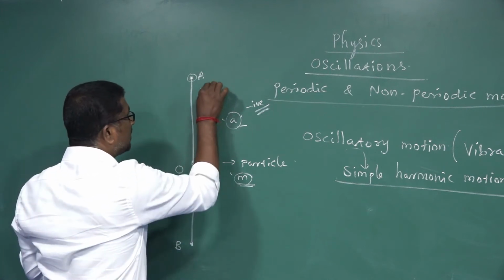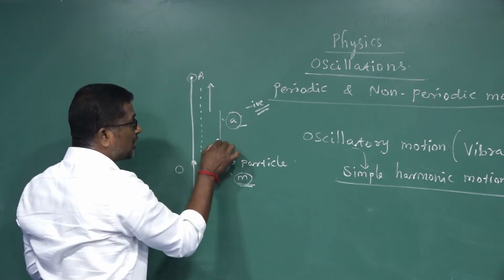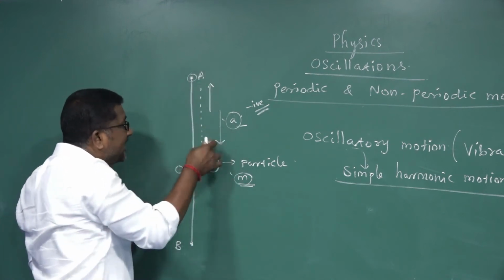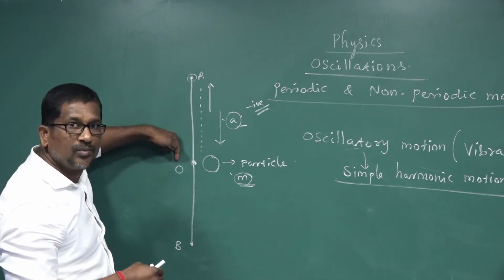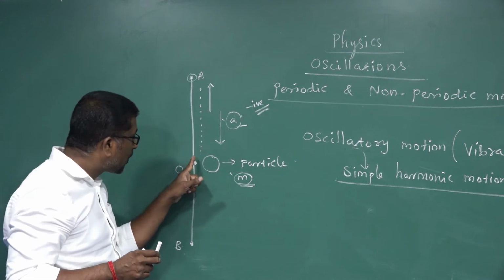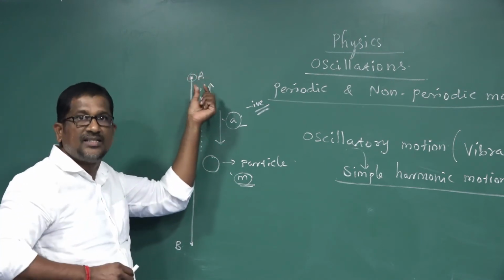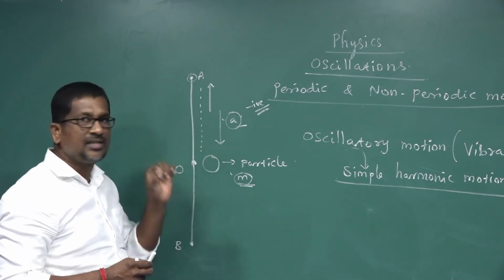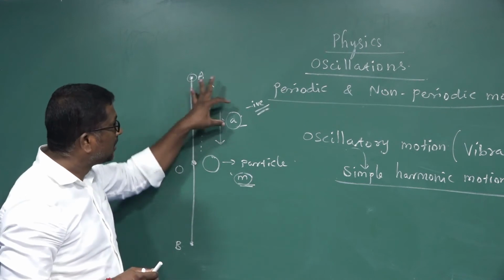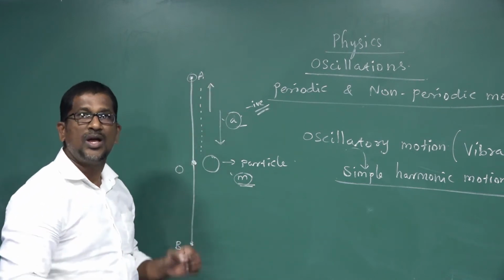So if the particle moves from O to A, the direction of acceleration of the particle is from A to O, that is towards the point O. The velocity of the particle at every instant changes and decreases, so due to the decrease of velocity with respect to time, the particle experiences negative acceleration.